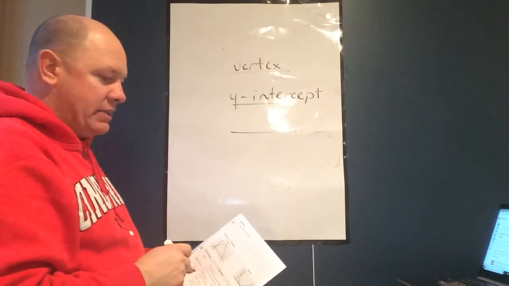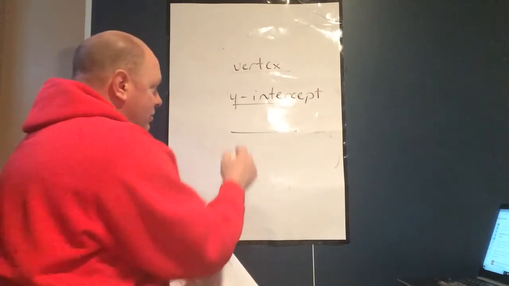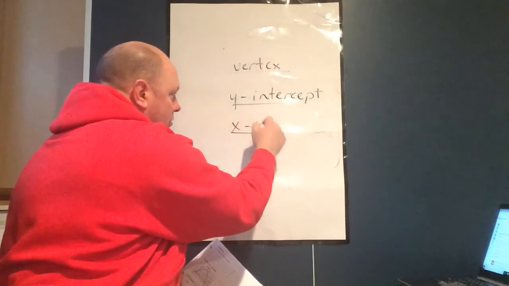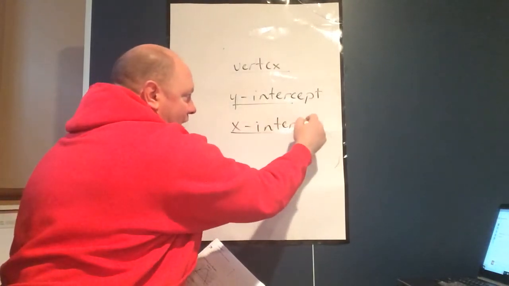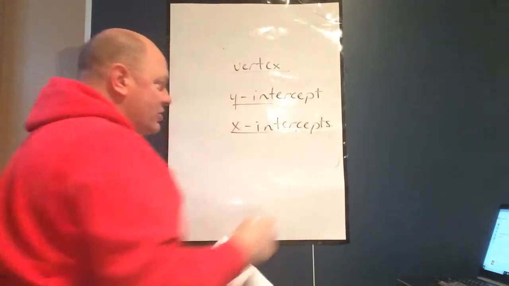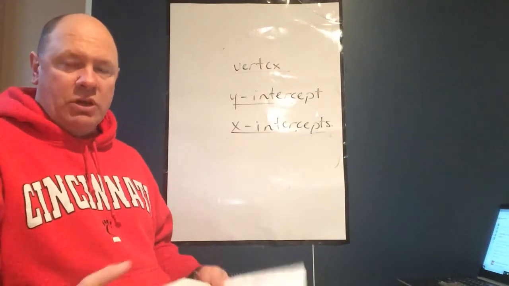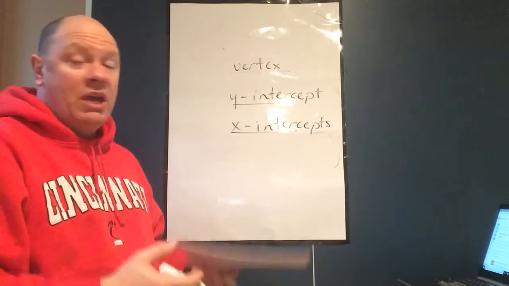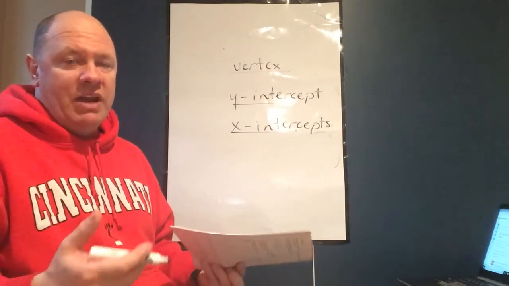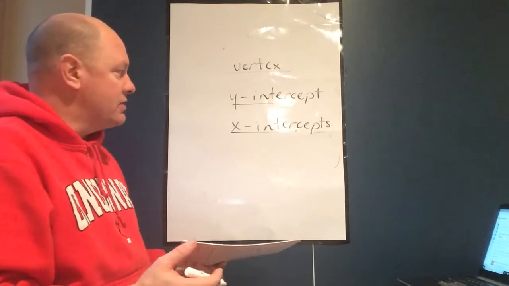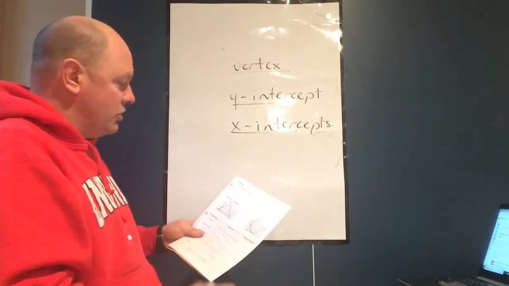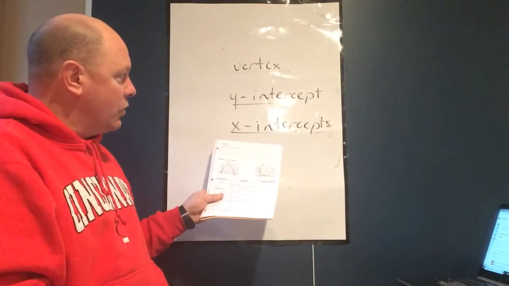The last one is going to be our x-intercepts. You can have x-intercepts or an x-intercept. It could be 1, it could be 2, and you may not even have an x-intercept in some of these cases.